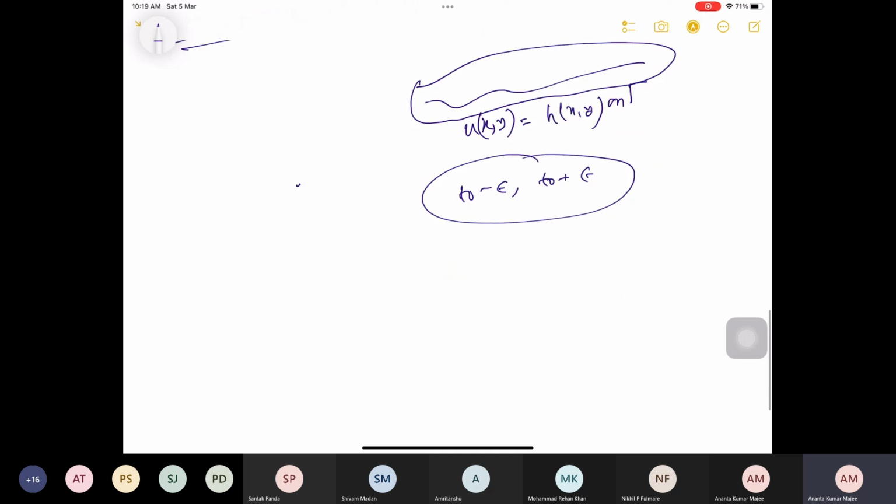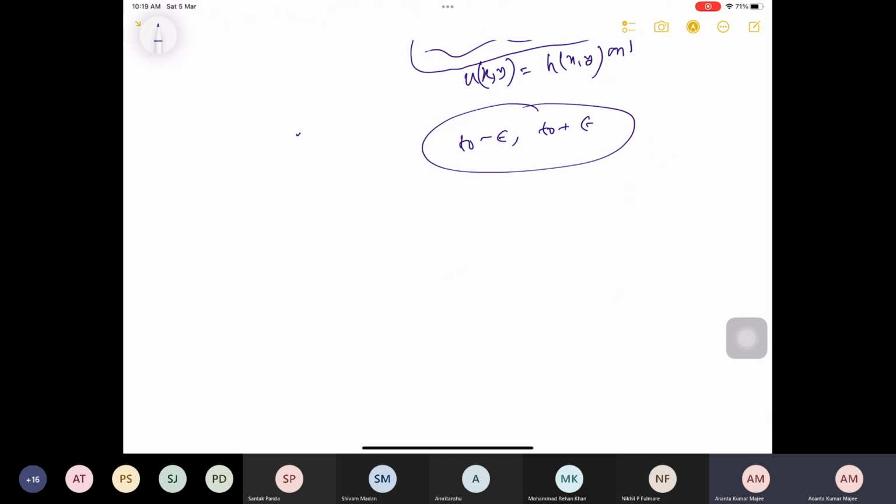As I told you, I try to use the so-called method of characteristics. That means we want to find a characteristic curve, so I try to reduce it to a system of ODE.